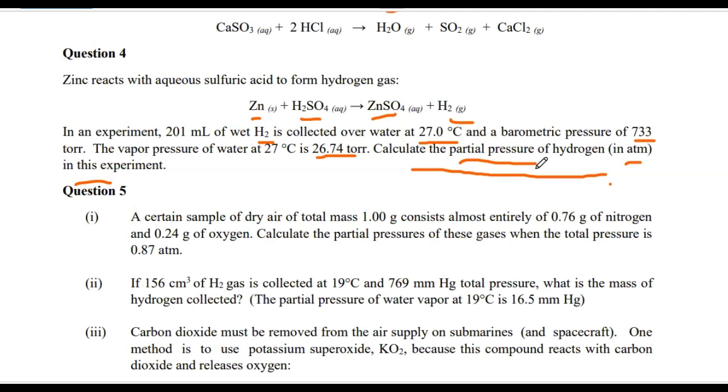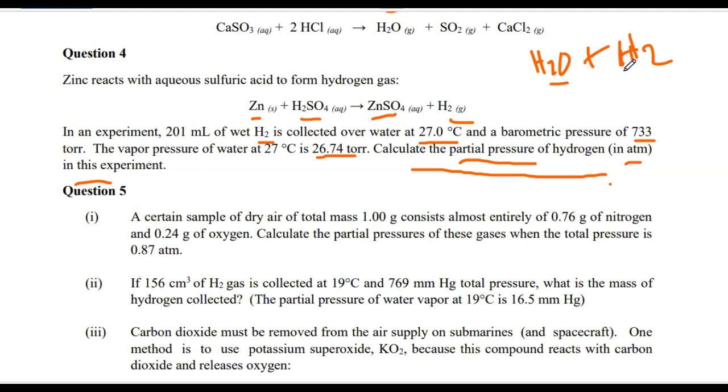So here we are calculating the partial pressure. How do you calculate the partial pressure? Or what is the partial pressure? The partial pressure is just the pressure that an individual gas will exert among other gases. If, for example, I have water vapor, represented as H2O, plus hydrogen gas, as these are my two gases, what is the partial pressure?